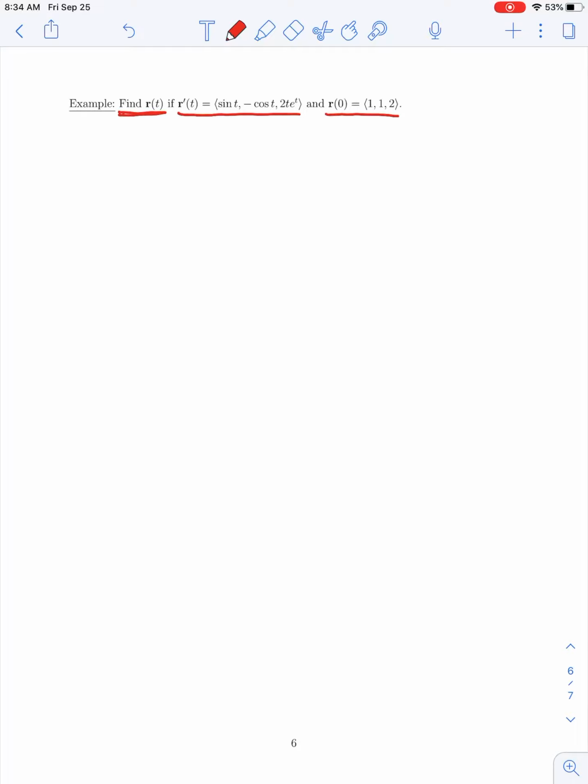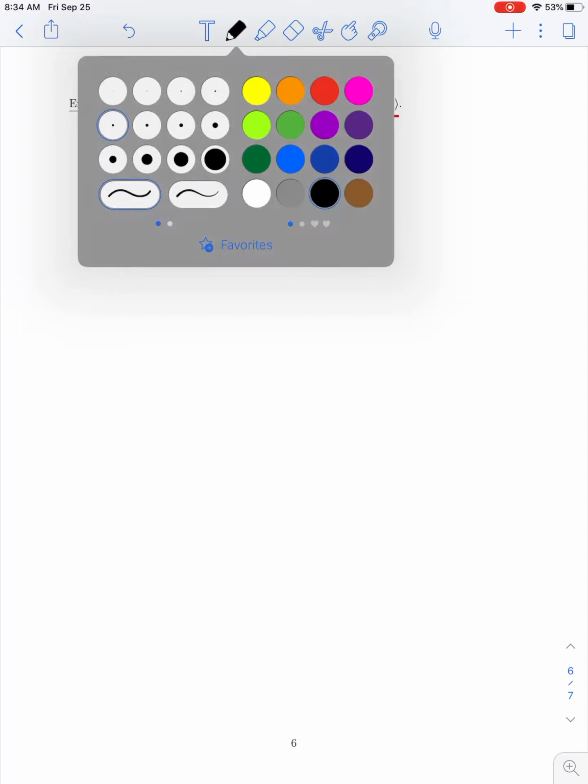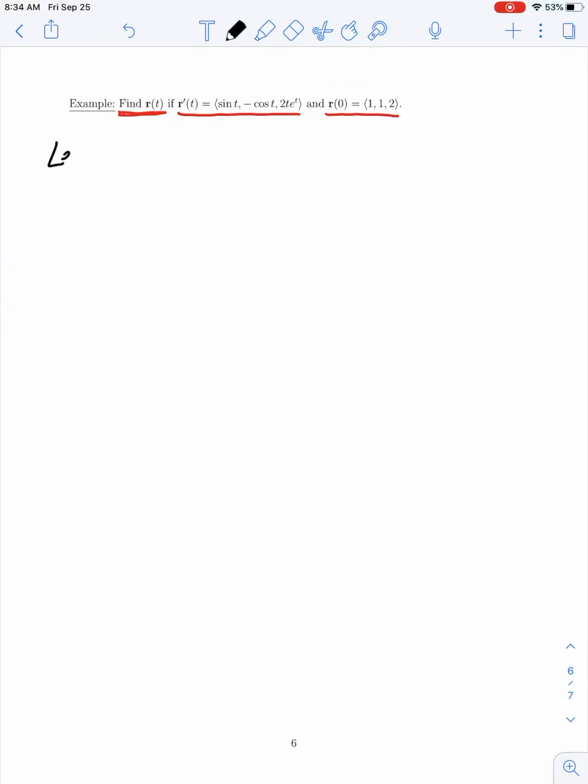If I know the derivative of my vector function, I'm going to find the vector function itself, that is r of t, by taking the antiderivative of its derivative, the same as we would do for scalar functions.